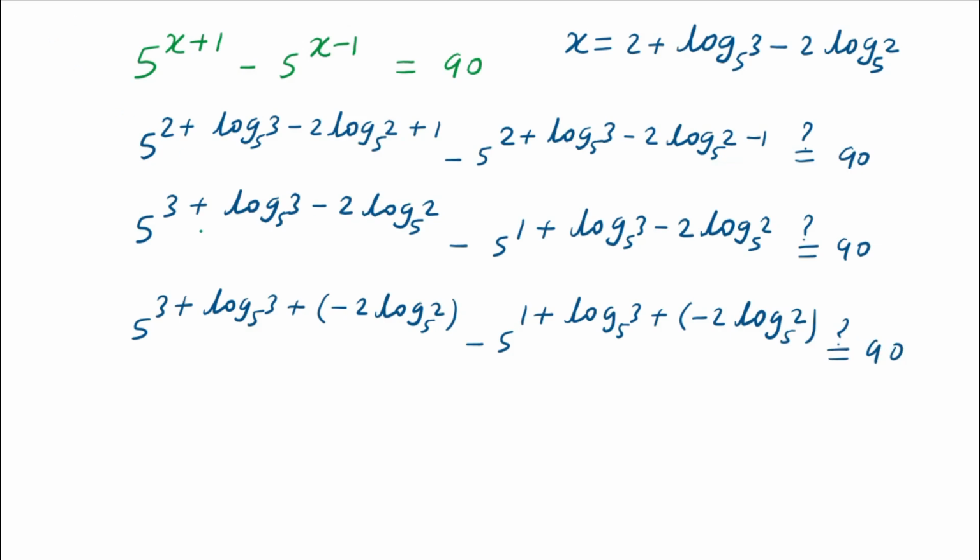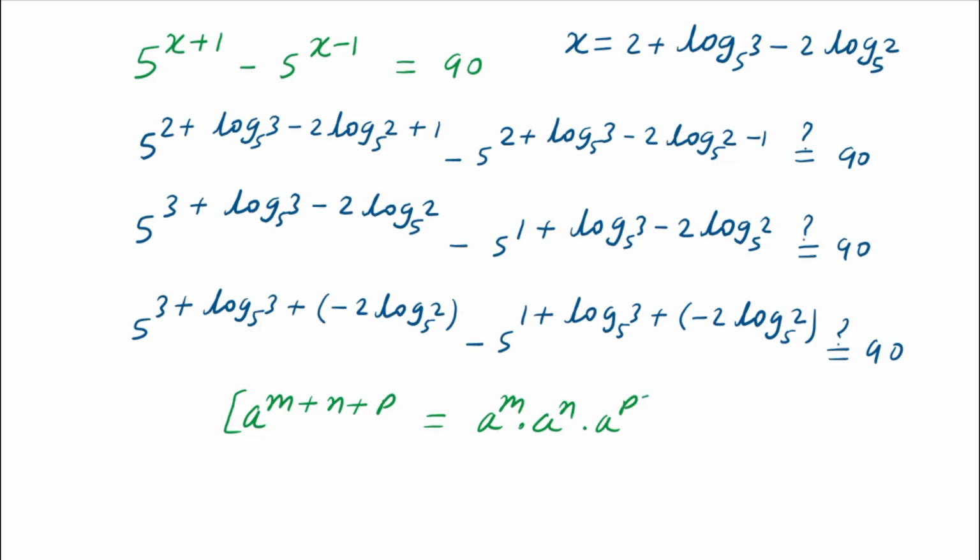Now we can apply the base and exponent rule: a power m plus n plus p is equal to a power m times a power n times a power p.